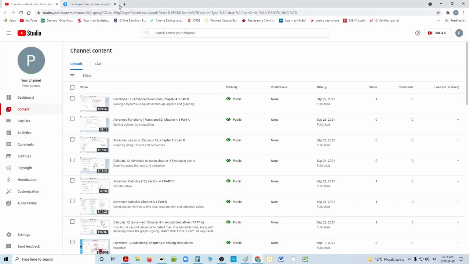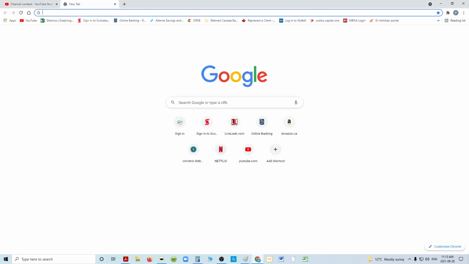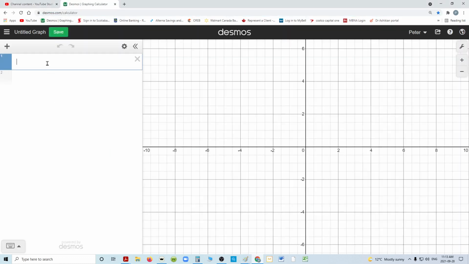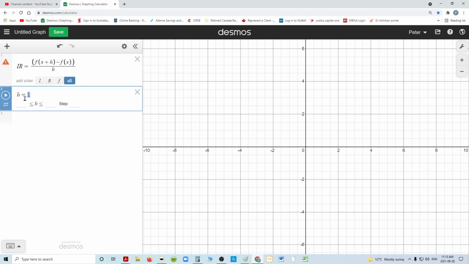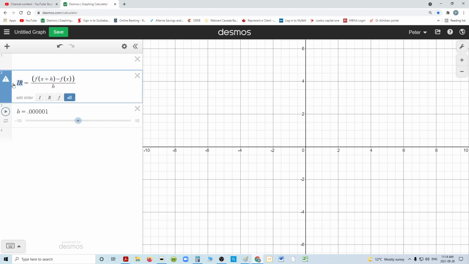I also would encourage you to grab your Desmos and punch in the formula and just call it rate of change, or r, and call r equal to f of x plus h minus f of x, all of it divided by h, and then you can just set your h to equal 0.001. You can add another line here for an expression, and you put that up top, and you can just even call this rate or r or something like that.